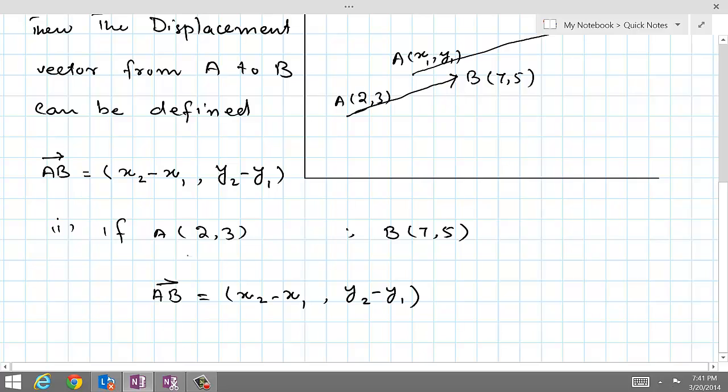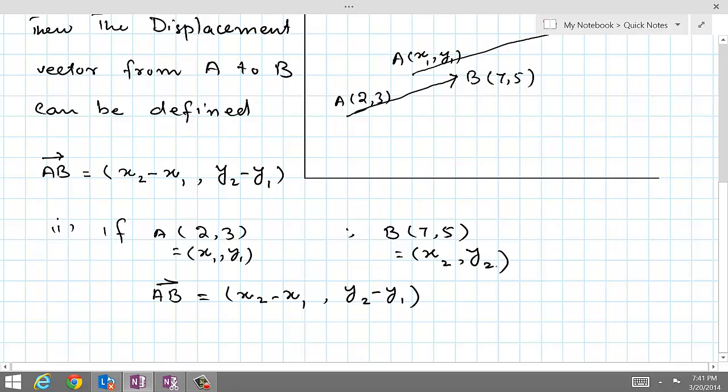And like slope, we can name the starting point as x1, y1 and ending point as x2 and y2.